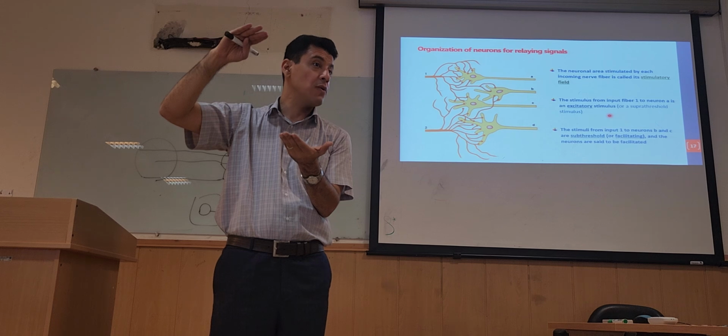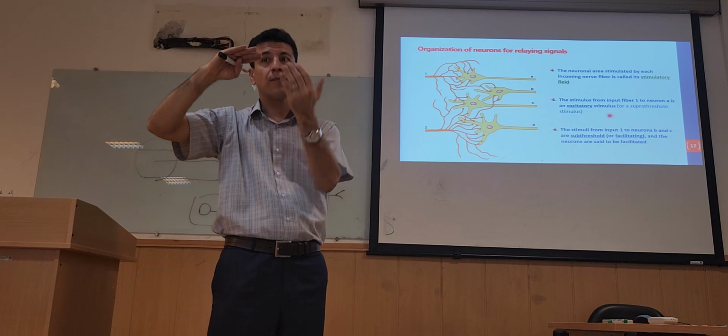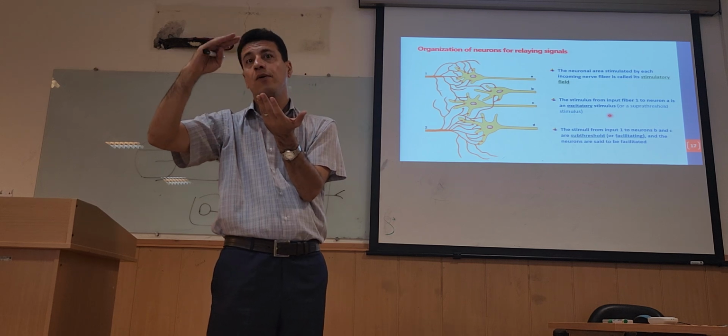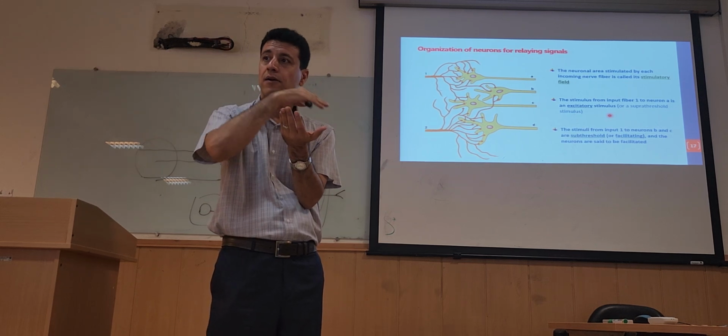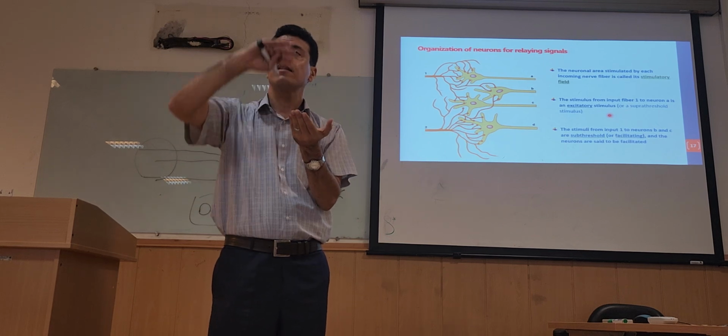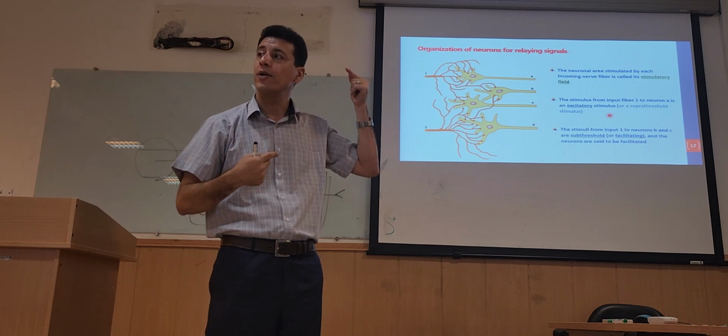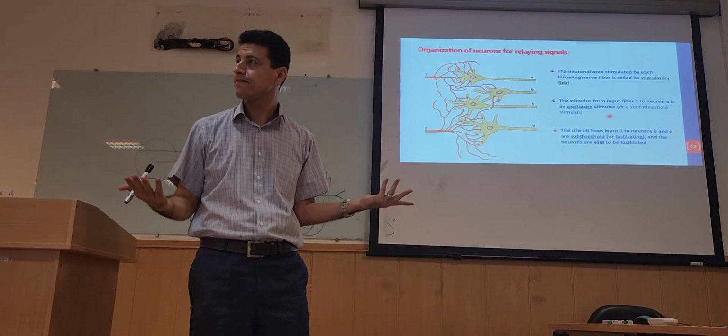Now, stimulation from neuron 1 comes here and is superimposed on the stimulation that was there before. So they combine and it can reach the threshold. So they are activated if both neuron 1 and 2 are activated.